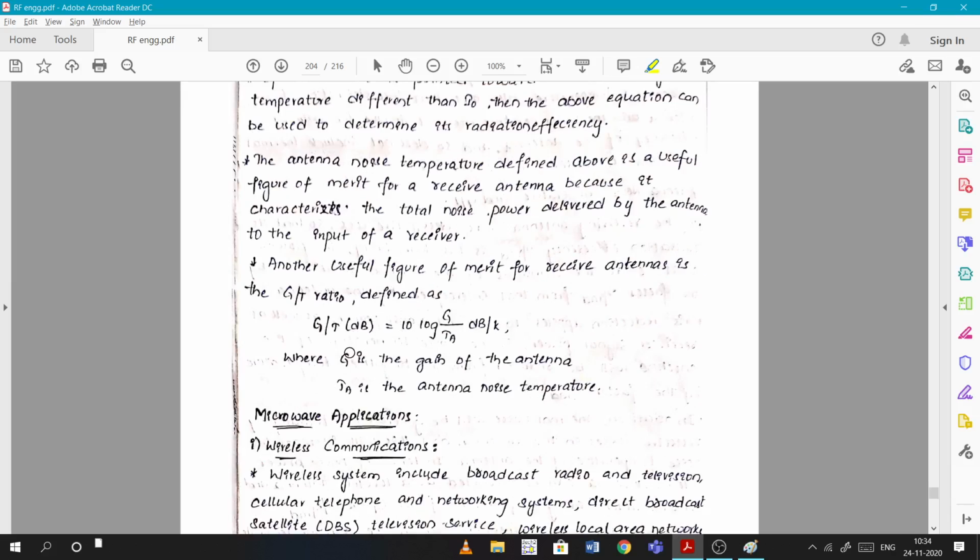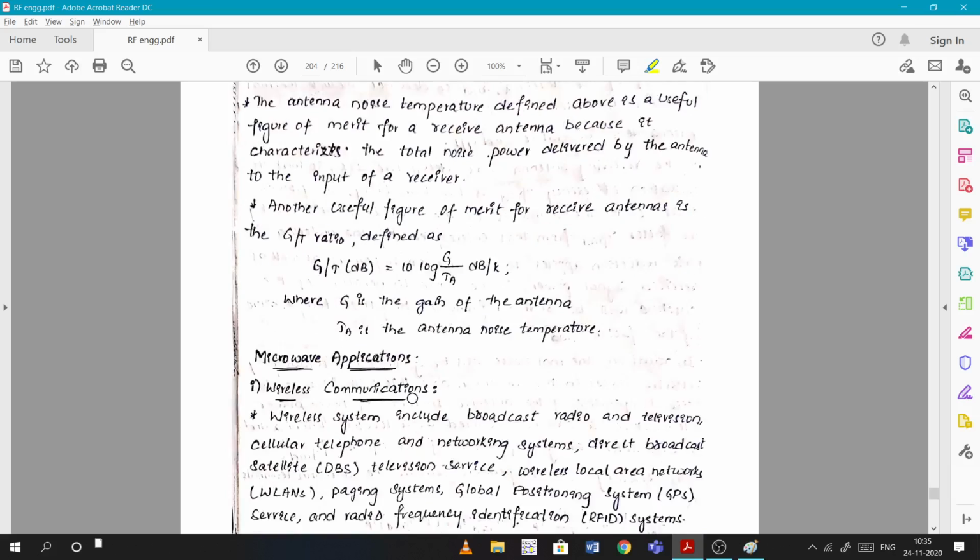Another useful figure of merit for a receiver antenna is the G by T ratio, where G is the gain of the antenna and T is TA, the antenna noise temperature. In dB it is 10 log of G by TA, in dB per Kelvin.